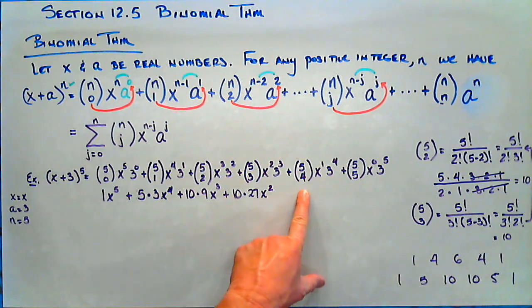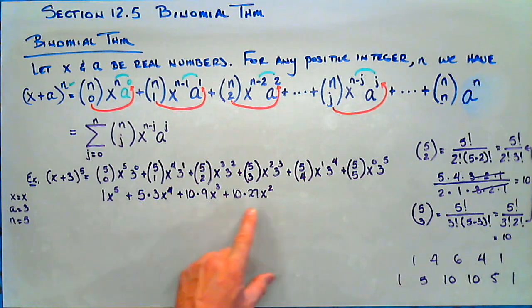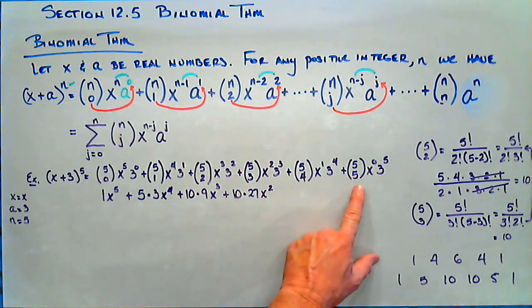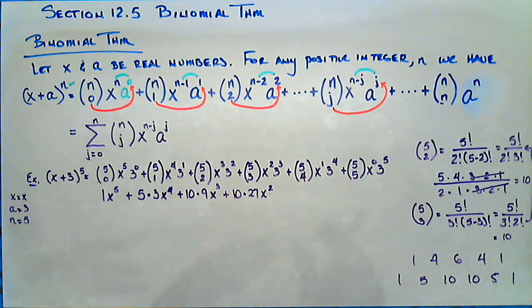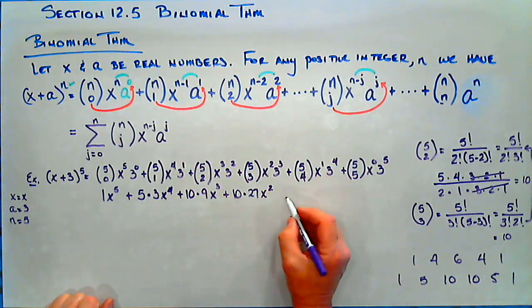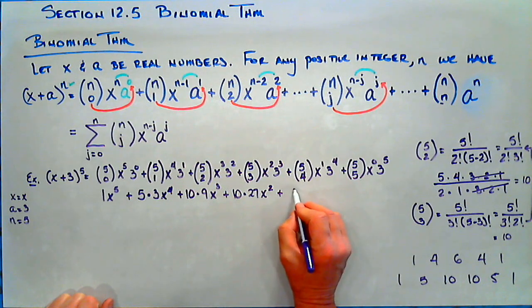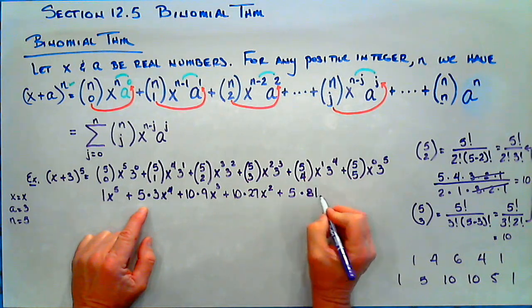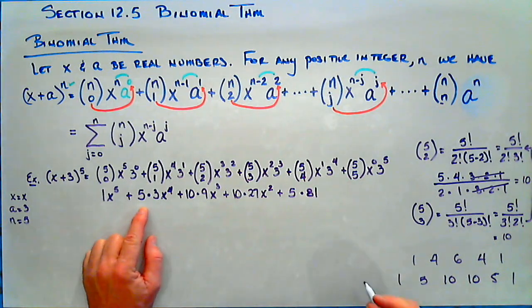What am I trying to say? I'm saying 5 choose 4 is going to be 5. 5 choose 5 is going to be 1. So we already know that this is going to be a 5, right? From here. 3 to the 4th, that's 81.